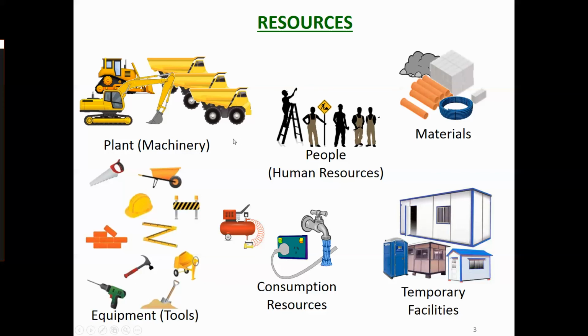Rule of thumb: costs are usually about a third plant and equipment, about a third people, and about a third materials. Now that's going to vary quite a bit, but what that shows is that each one of these things has a significant impact on the costs and the planning of the project. So for a construction project, we have to consider all three. So it's not that we differ from the generic PMBOK.